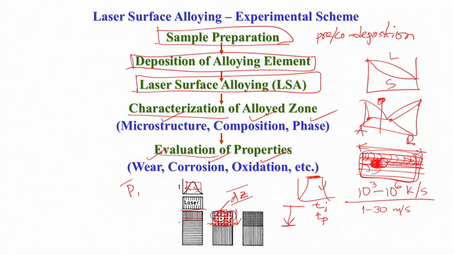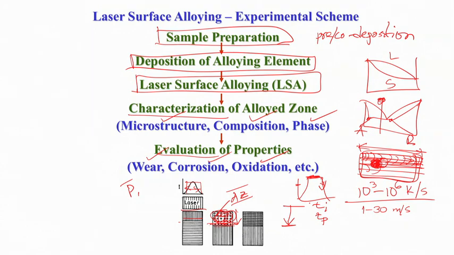If this is the maximum temperature that you have reached and the melting temperature is somewhere here, then by the time you cross the melting temperature, you have already achieved a very high cooling rate. Because of this very high cooling rate, whatever alloy you have formed in the liquid state will be quenched and retained in the solid state.